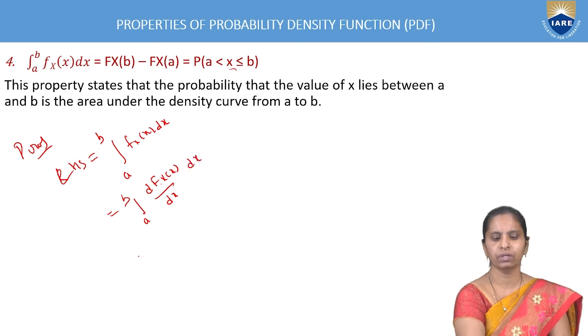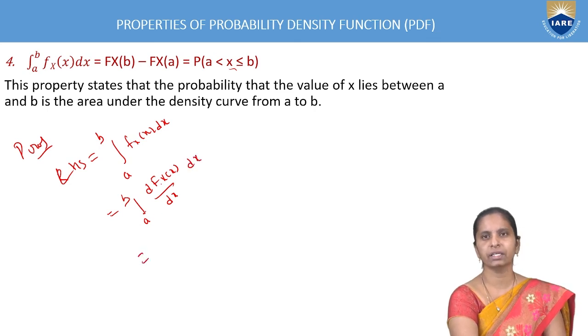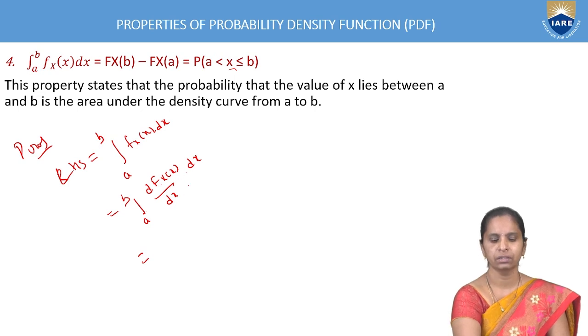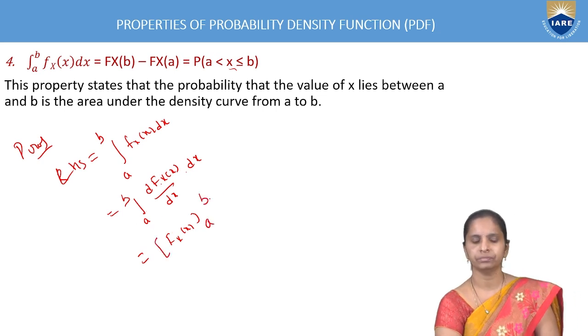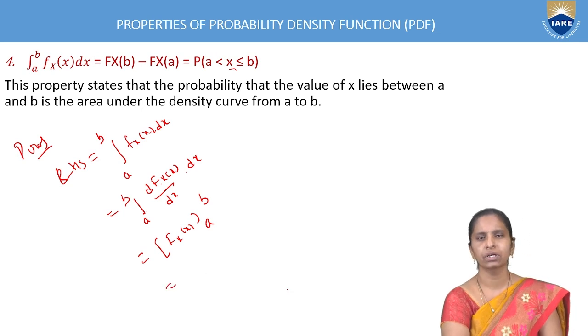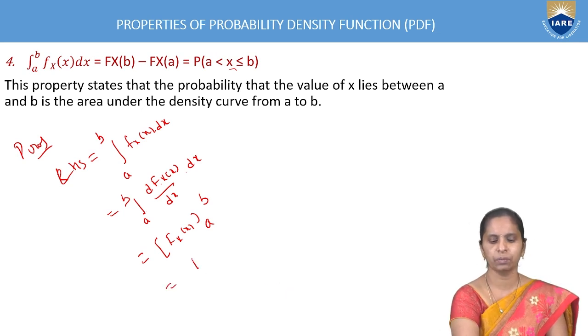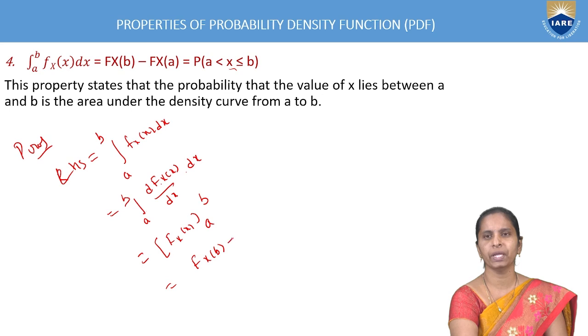Then what am I going to apply here? The integration and the differentiation will get cancelled, both being with respect to x. Then what am I going to obtain here? F_X(x), and the limits are a to b. Substitute the upper and lower limits, and I obtain F_X(b) minus F_X(a).